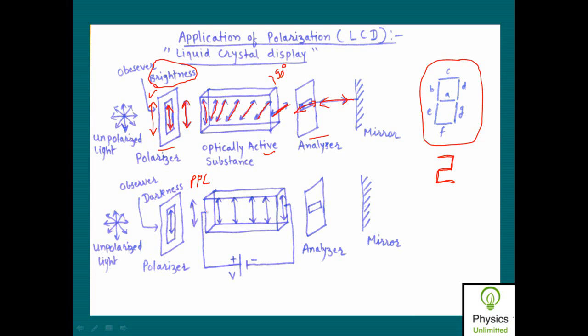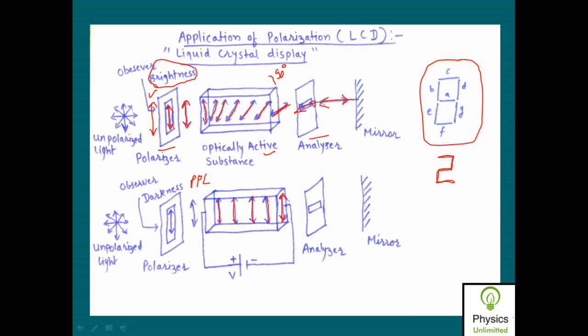But as soon as I apply a voltage to this optically active substance, it loses the phenomenon of optical rotation, and therefore these vibrations will remain as they are. So these vibrations are not rotated by any angle theta.